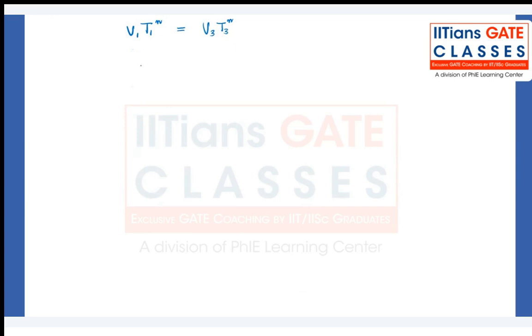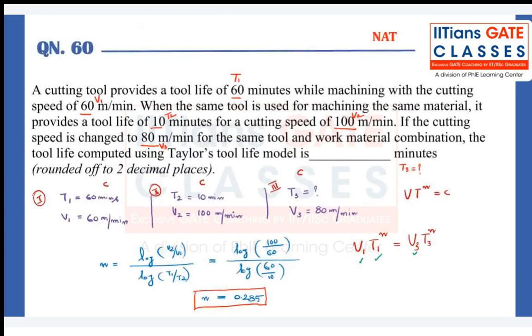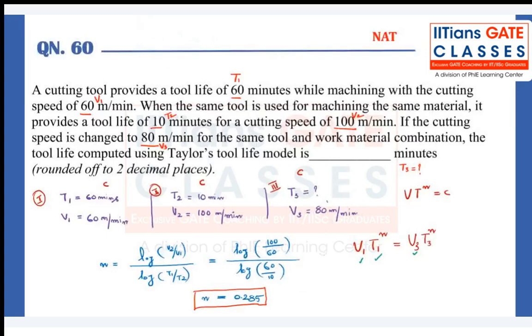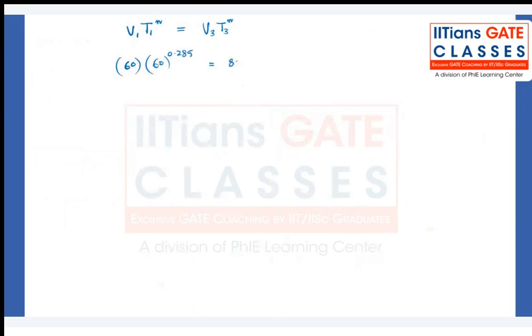V1 is 60 and T1 is also 60, so 60 times 60 to the power 0.285 is equal to V3, which is 80, times T3 to the power 0.285. Got it? Now we have only one unknown parameter, that is T3.